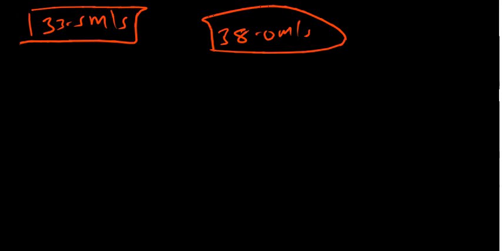The speed limit, you are supposed to be traveling at 33.5 meters per second. This is the speed limit. You get my point, right? Once you exceed this, meaning that you are exceeding the limit. So you are traveling at 38.0 meters per second. Are you not exceeding the limit? You have seen it?